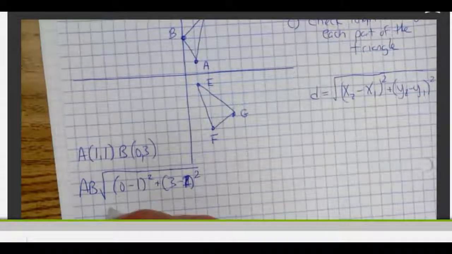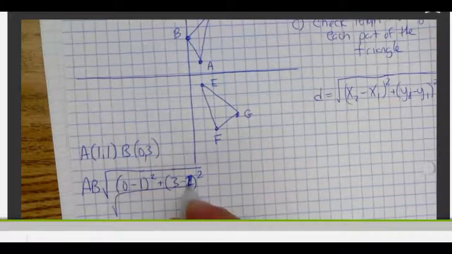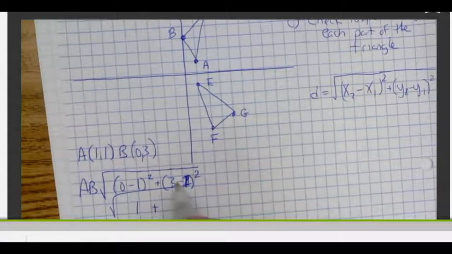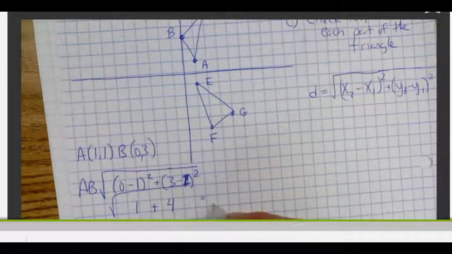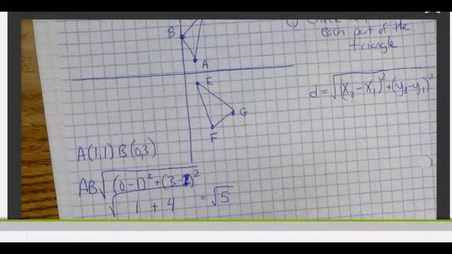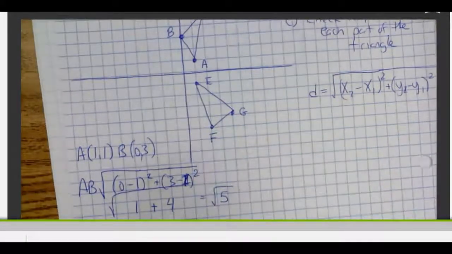Then we just do the math. We're going to get the square root of negative 1 squared, which is 1, plus 3 minus 1 is 2 squared, which is 4. So it's going to be the square root of 5. That's AB.